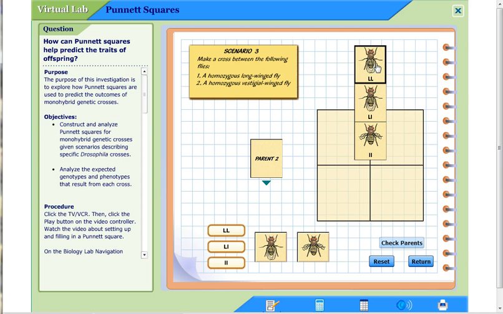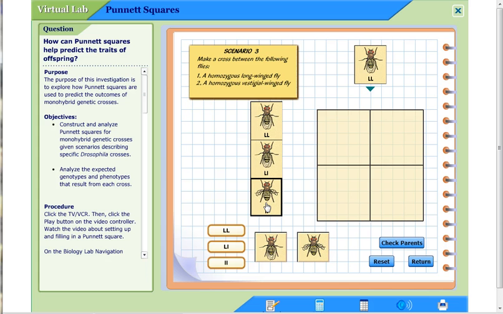Homozygous, do you see those two capital L's? That means that is homozygous, the same, and that's the dominant trait. So that's the long-winged fly. Vestigial wing means they have these little short, funny-looking wings. And homozygous again, so we want the one with the two little L's. Heterozygous would be this one with a big L and a little L. All right, so homozygous there.